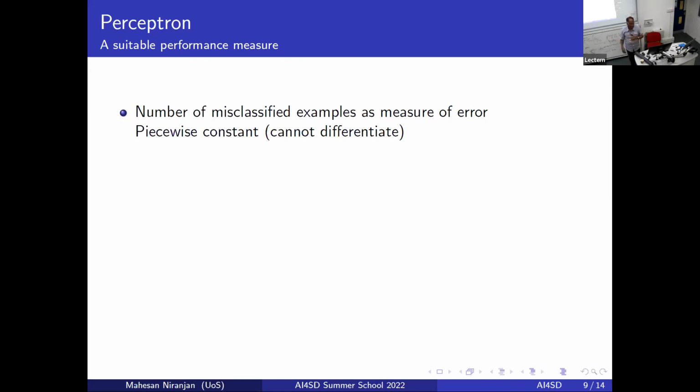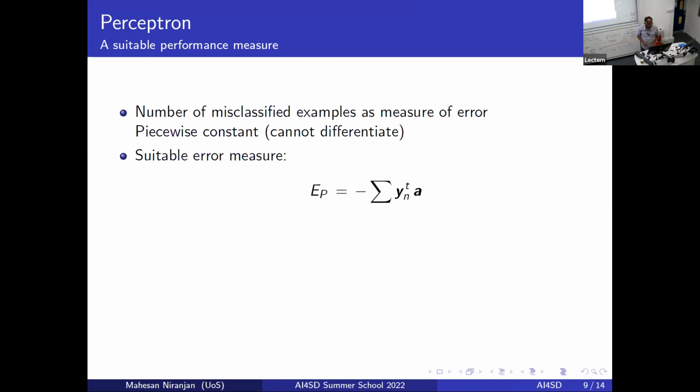So if I use the number of misclassified data as my cost function, as my error measure, then that's piecewise constant. It will be constant, step, constant, step, constant. That is a lousy function. I can't differentiate this. If I differentiate this, it's either 0 or indeterminate. So this I don't like.